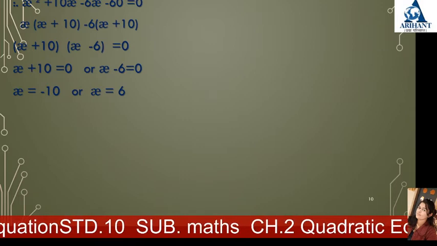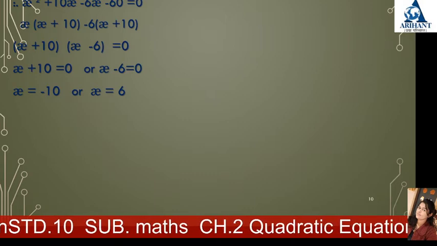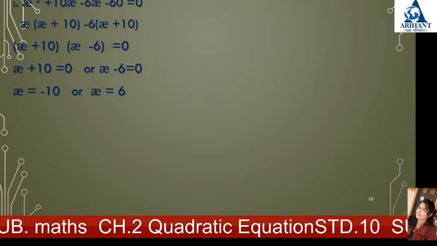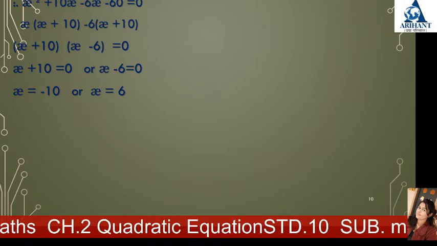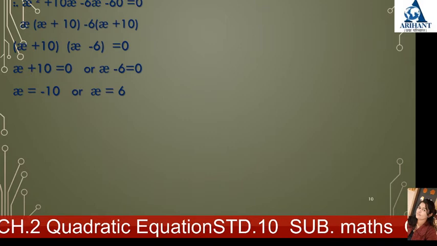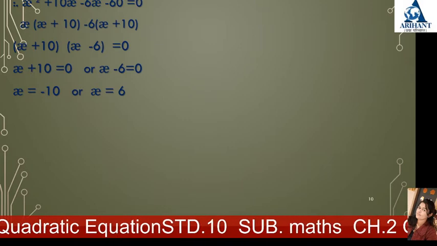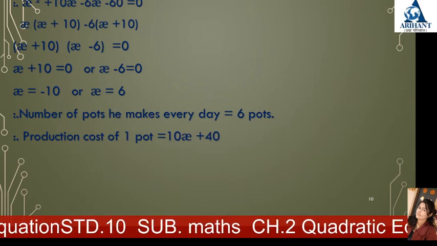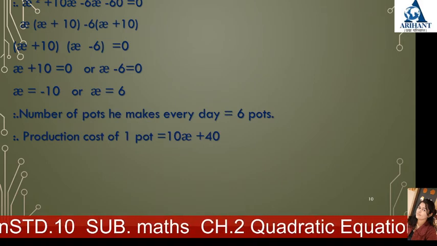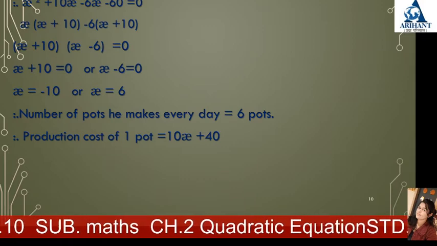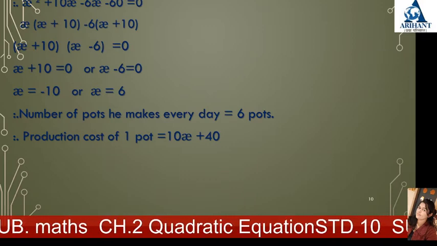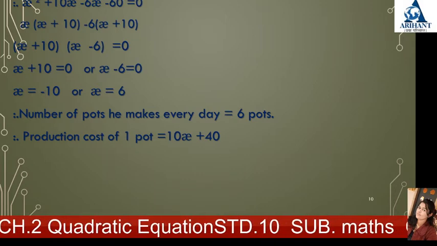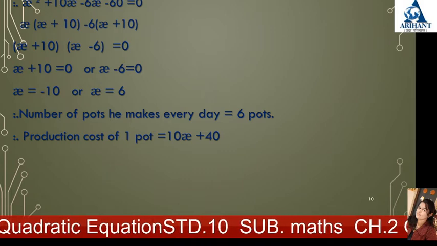So x is equal to 6. There is no way to have a negative number of pots, so the number of pots he makes every day is 6.